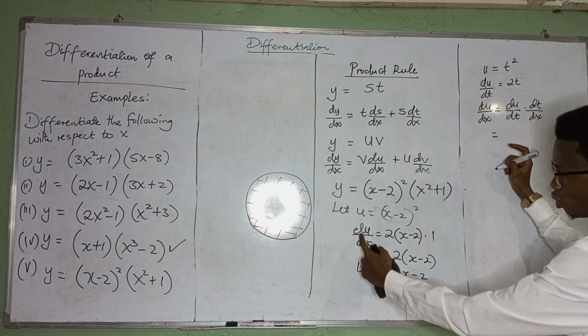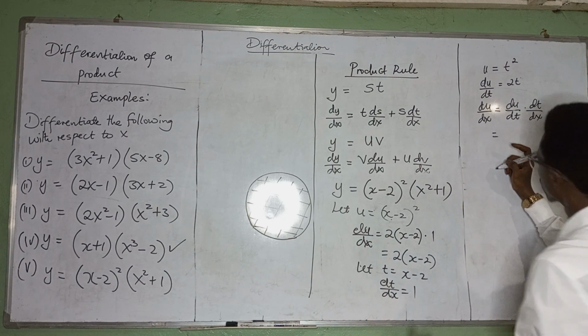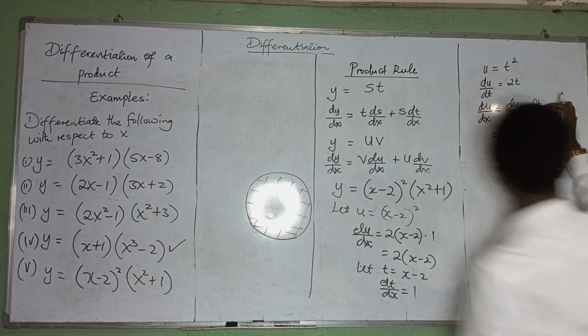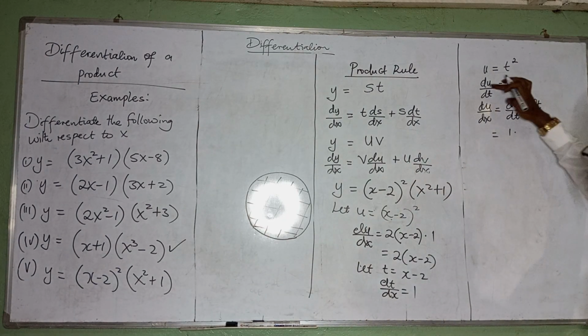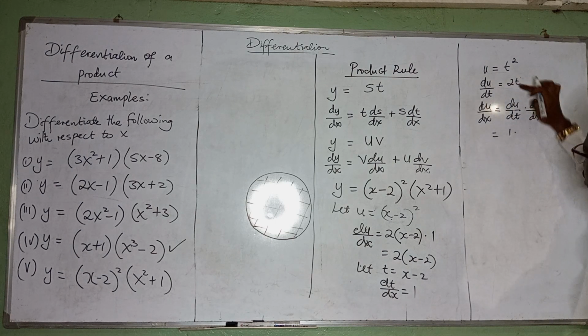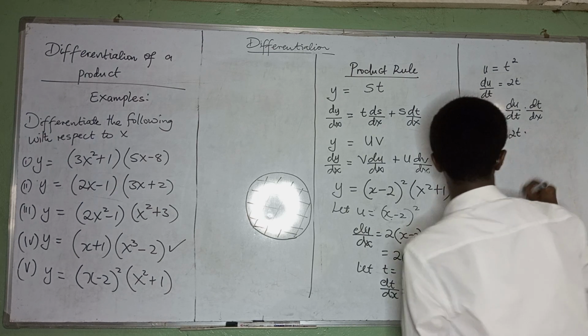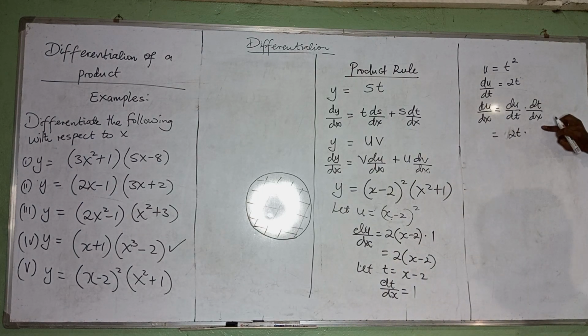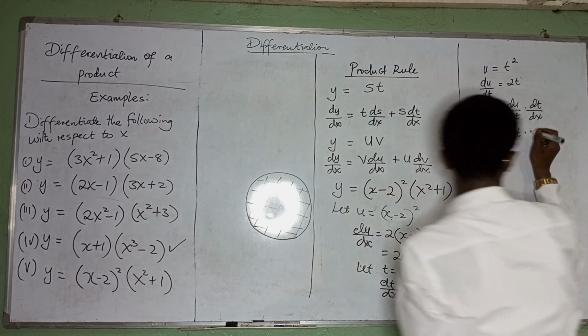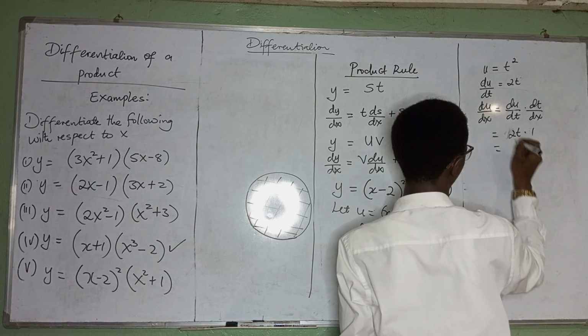What is your du by dt? Du by dt is 2t, multiplied by dt by dx, that's 1.